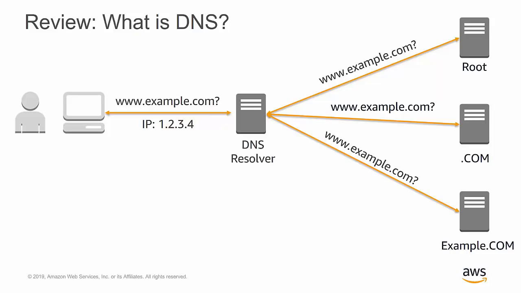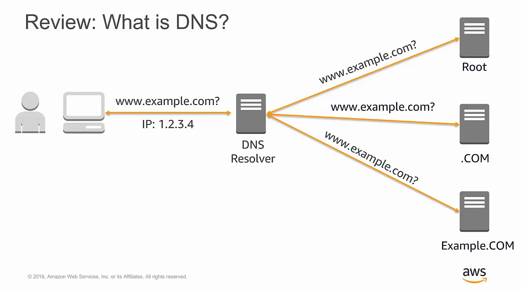www.example.com. The first thing a DNS resolver will do is ask what are called root name servers, which have all of the root names. When it asks for www.example.com, the root name server, for example, might say, well, I don't know about that full name, but I do know where a .com server is, so here's the address for that.